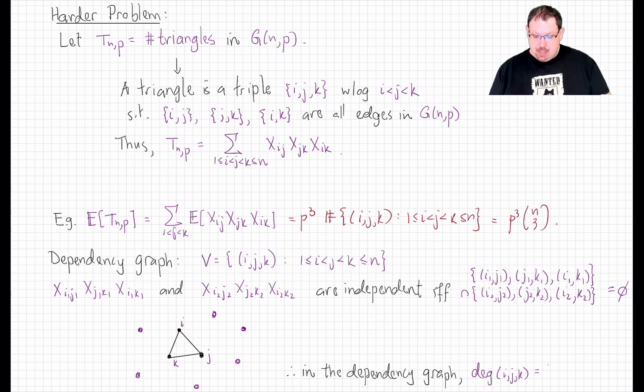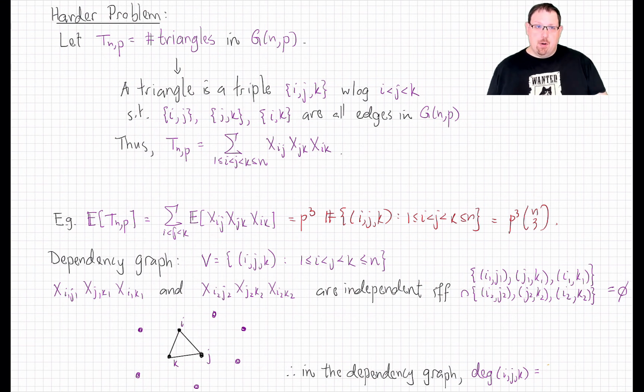And so there is the expected number of triangles. And so you can wonder, how should p vary with n in order for this to stay bounded as n grows? Well, n choose 3 is a cubic polynomial, and that means that p cubed had better shrink like 1 over n cubed at least, which means that p, again, like in the Poisson case on the first slide, should be like 1 over n in order for this to stay bounded, but not go to 0.